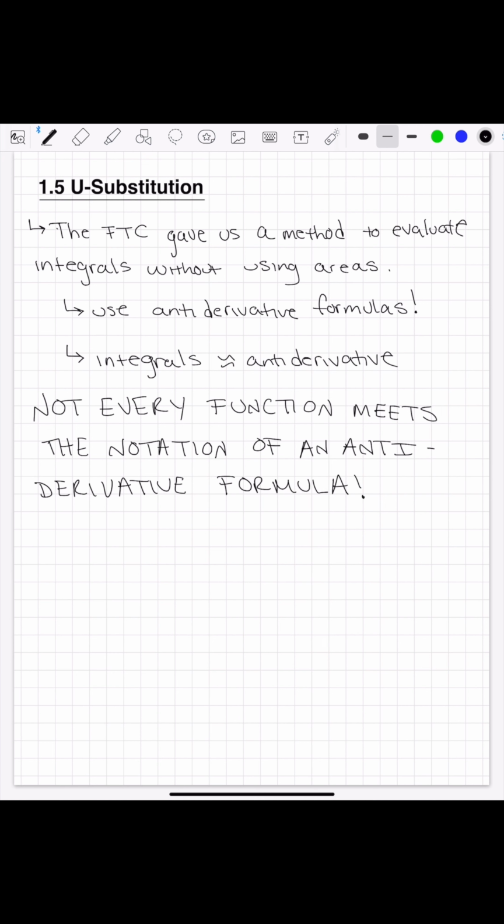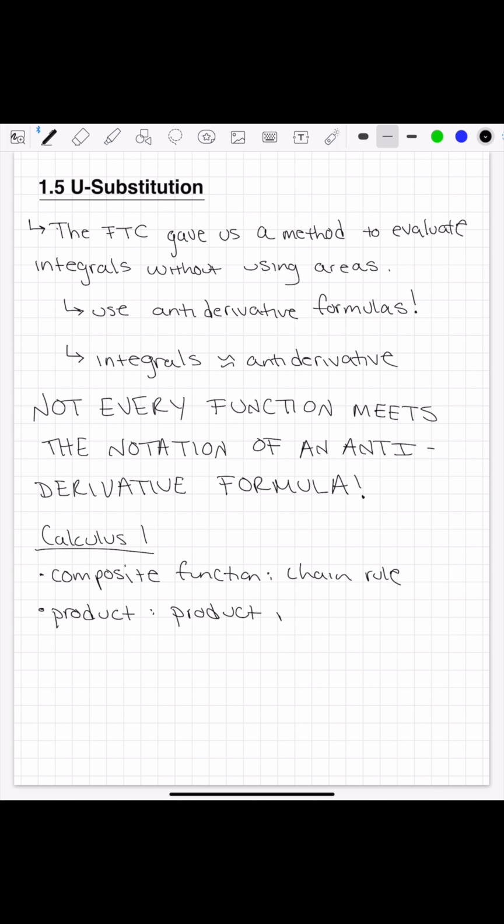Remember, in calculus 1, if you had composite functions, which is when one function is plugged into another, you needed the chain rule. If you had a product of two functions, you would need the product rule. And if you had a quotient of two functions, you would need the quotient rule.